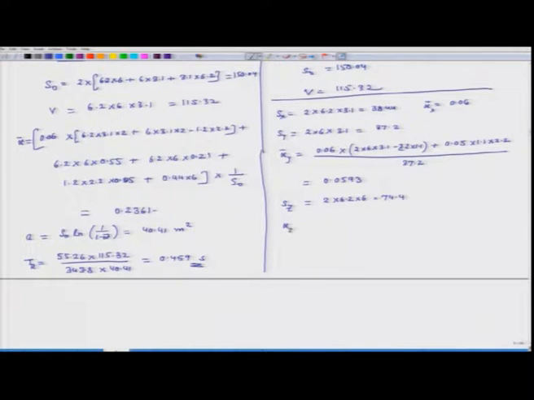So, alpha z bar is 0.21 times 37.2 plus 0.55 into 37.2 divided by 74.4, and that works out to be 0.38.